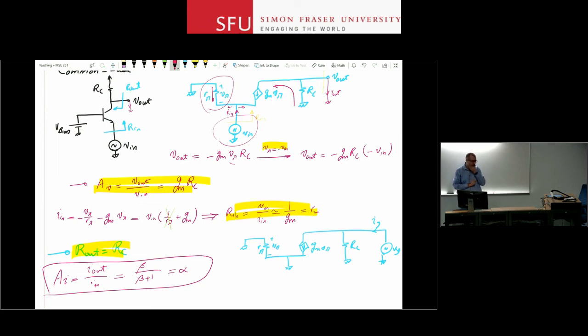Another advantage that common base has compared to common emitter is that if the voltage at the collector changes quite a bit, very large changes at the collector end, the breakdown voltages that you can have for the junctions if you use a common base stage is higher than a common emitter stage. It gives you a little bit more room for the variations of the collector to input voltages.